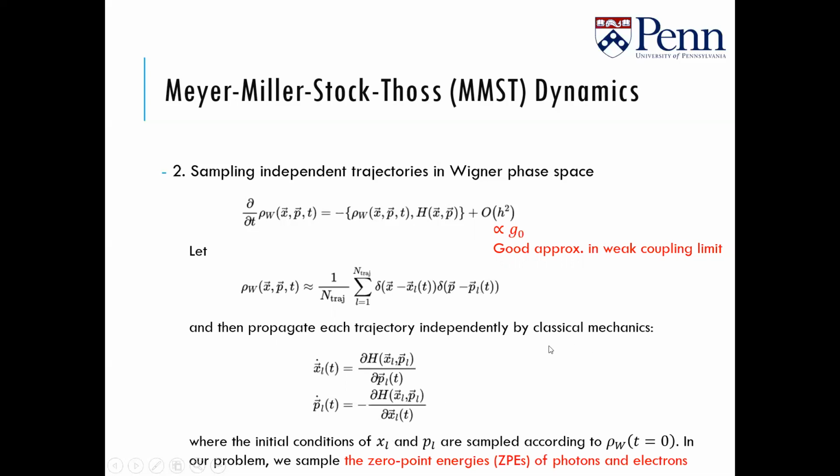The only difference compared with classical dynamics is that the initial conditions for X and P for different trajectories are sampled with the zero-point energies of photons and electrons. And this is the only difference. One needs to remember that the initial conditions of both photons and electrons are sampled according to the zero-point distribution in these classical-like equations.